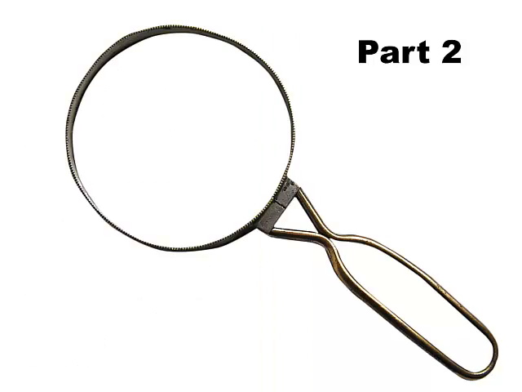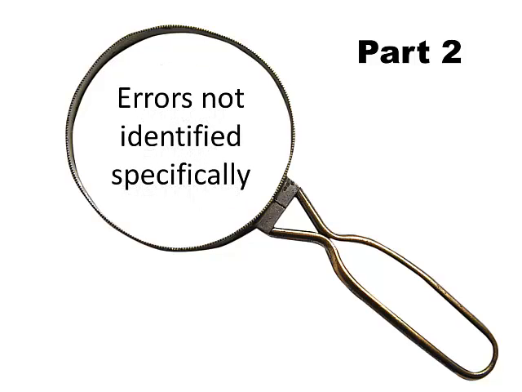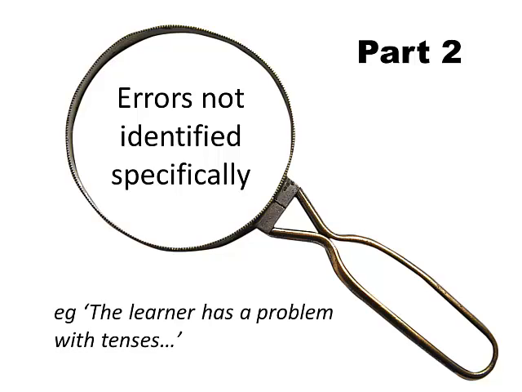In part 2, some of the problems that people often have is that they don't identify sufficient numbers of error. Another problem is that the errors aren't identified specifically enough. For example, the learner has a problem with tenses. Yes, most learners have problems with tenses, but what specifically do they have a problem with? And try and exemplify.